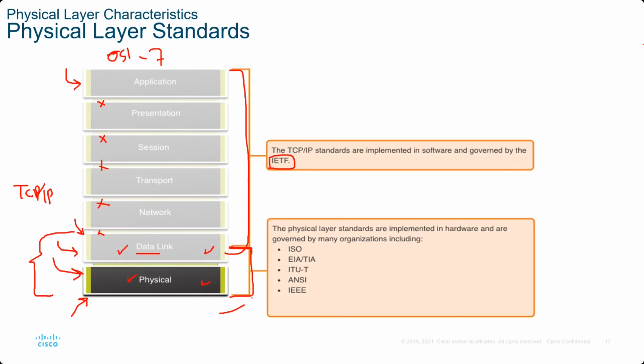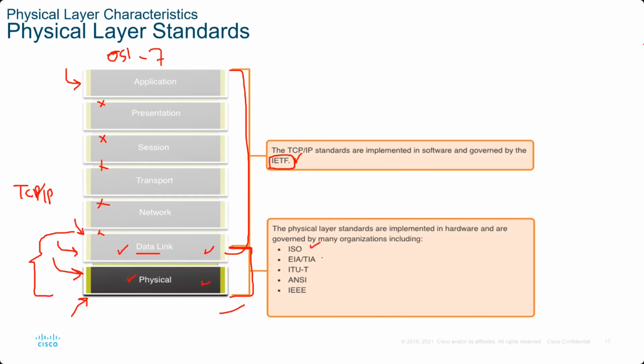But for now, the important part is looking at the difference: for all these layers, we have the IETF making sure that the standards are followed. But look at the physical layer. There are so many different organizations looking at the physical layer to make sure it follows standards.